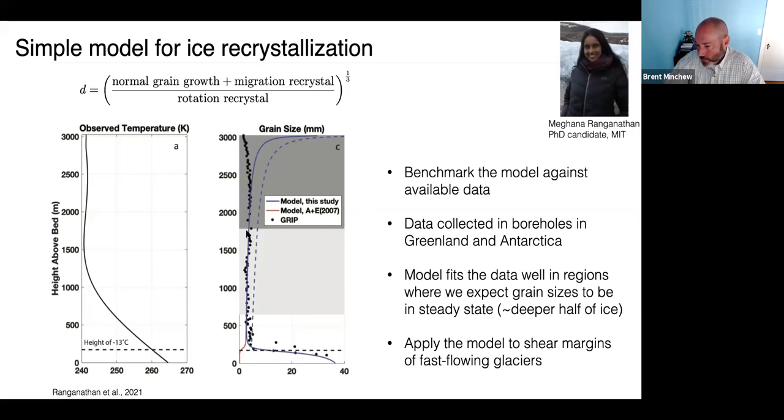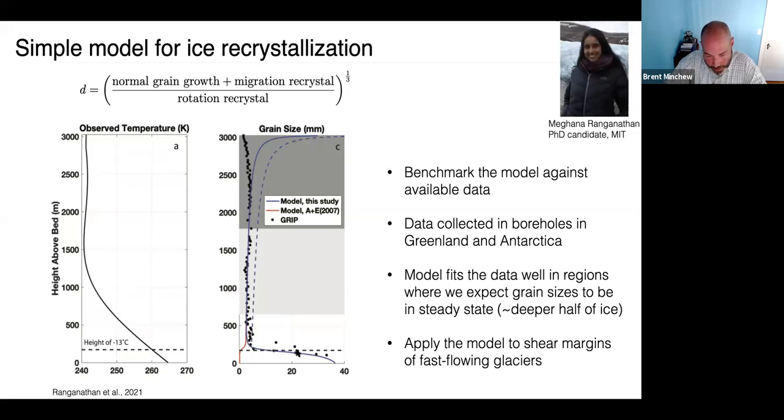In this area, it's roughly the deeper half of the ice. But what's neat about the model, at least for our purposes, is that as we get down into the areas where we expect vertical shear and vertical deformation to increase with depth, the model does a really nice job of fitting the observed grain sizes within the GRIP ice core, given the observed temperatures that were collected within the ice itself.